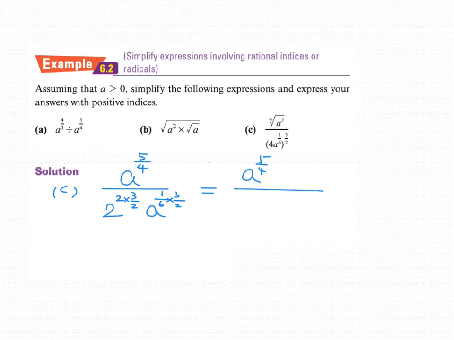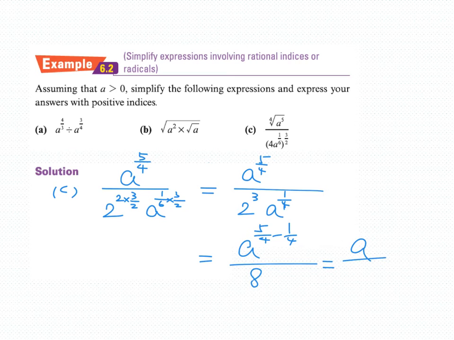Okay, and then the denominator becomes 2 to the power 3, and a, after you simplify, is 1 over 4. It is a division, so minus the index, and the denominator 2 to the power 3 is equal to 8, so the answer is a over 8.